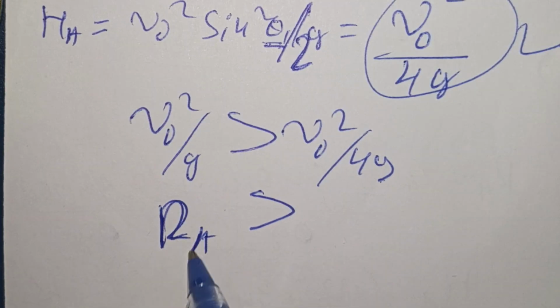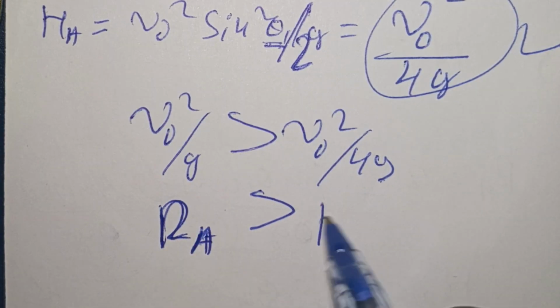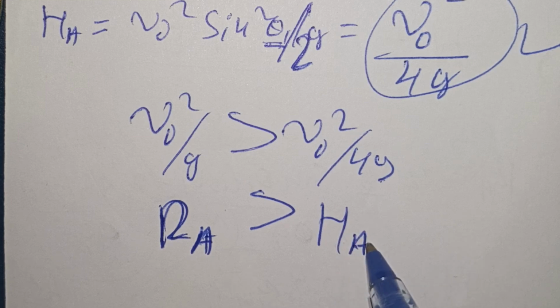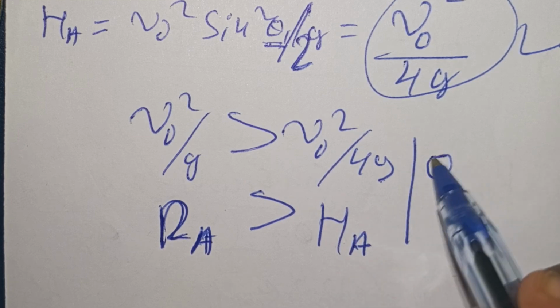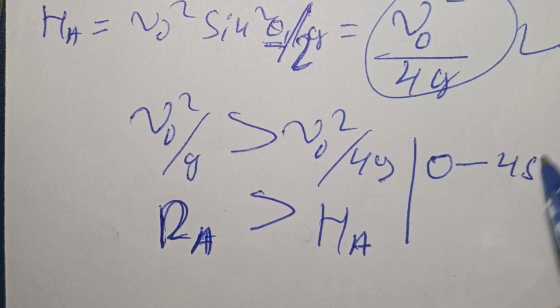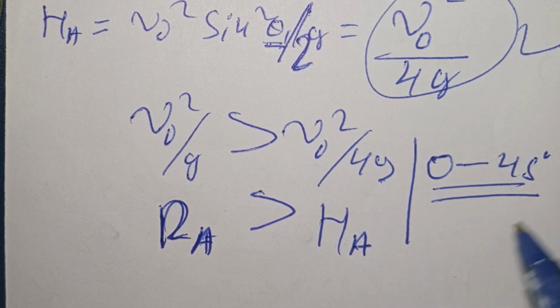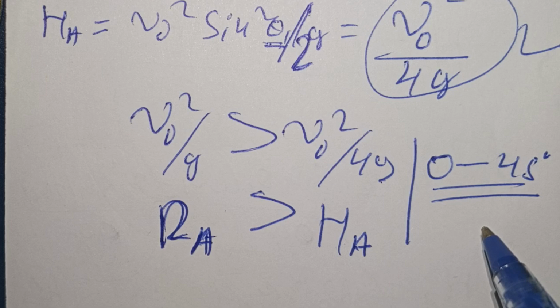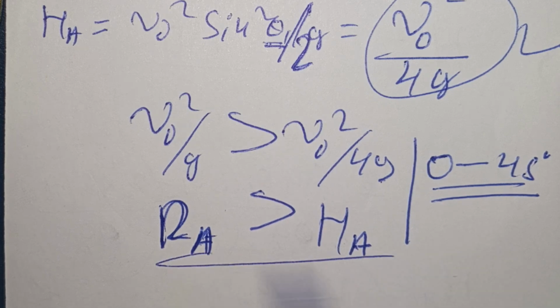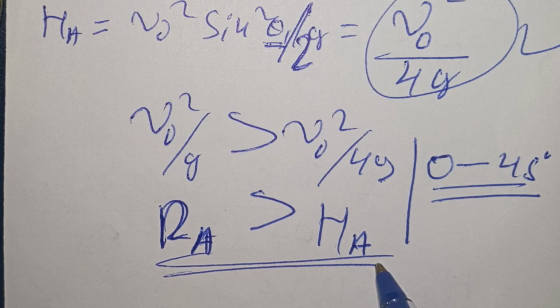That means the range of ball A is greater than the height of ball A, for theta 1 from 0 up to 45 degrees. So this alternative is completely wrong, because the range of the ball is not smaller, it is greater than the height of the ball.